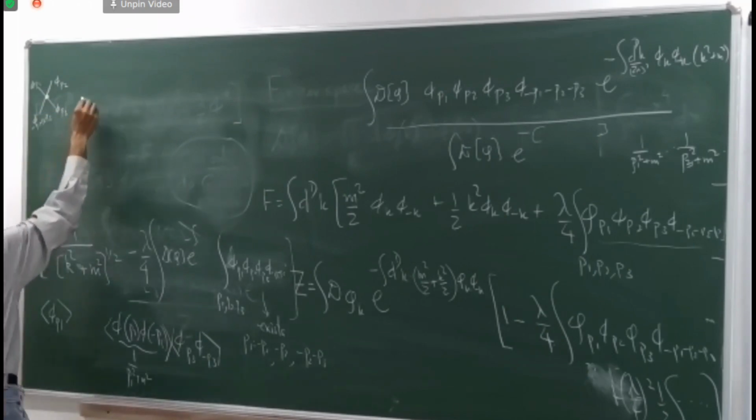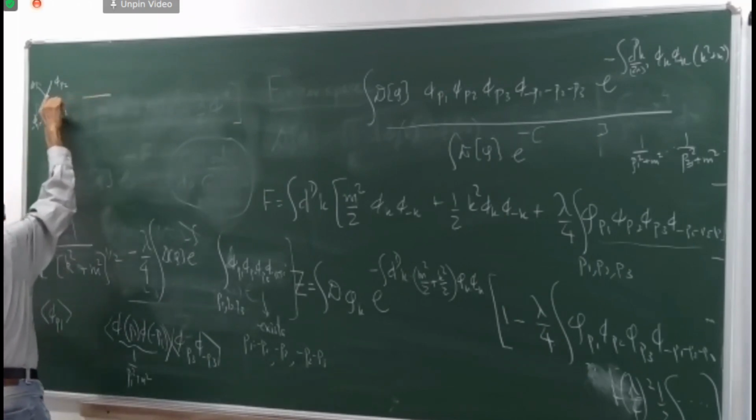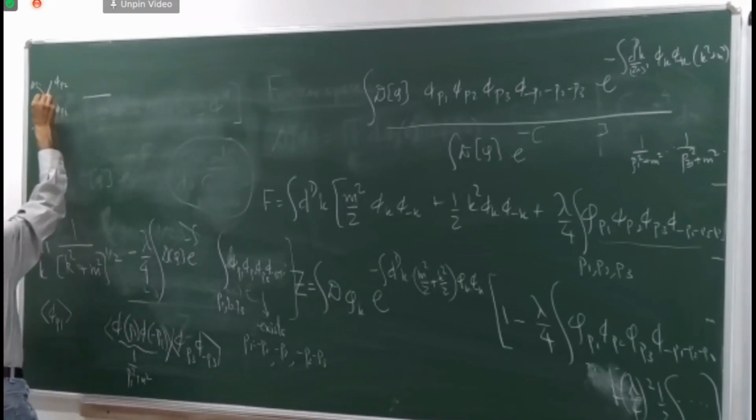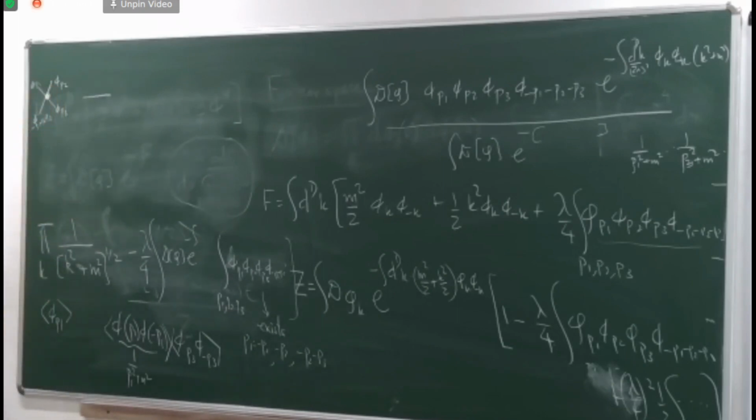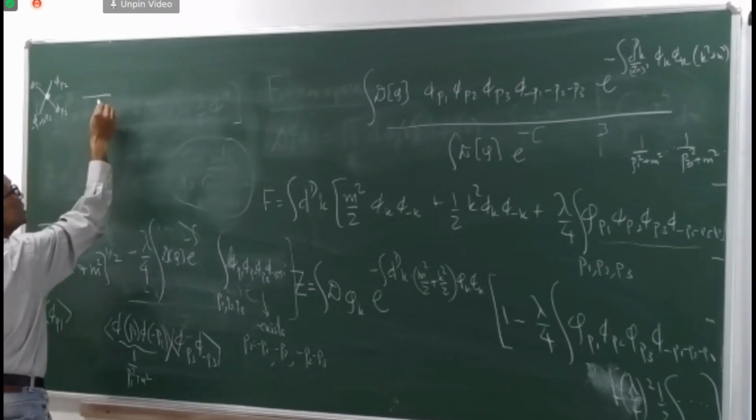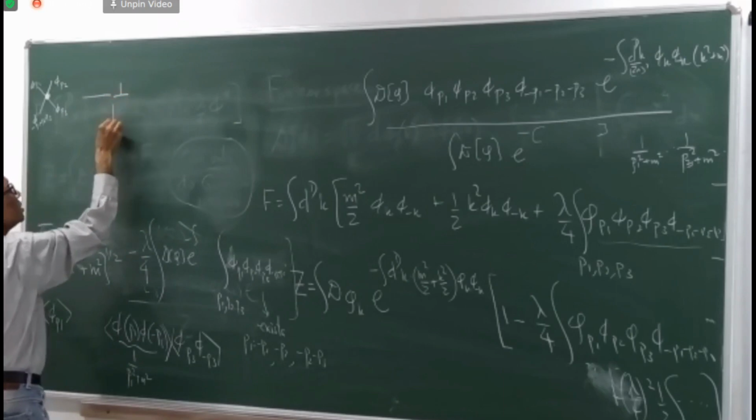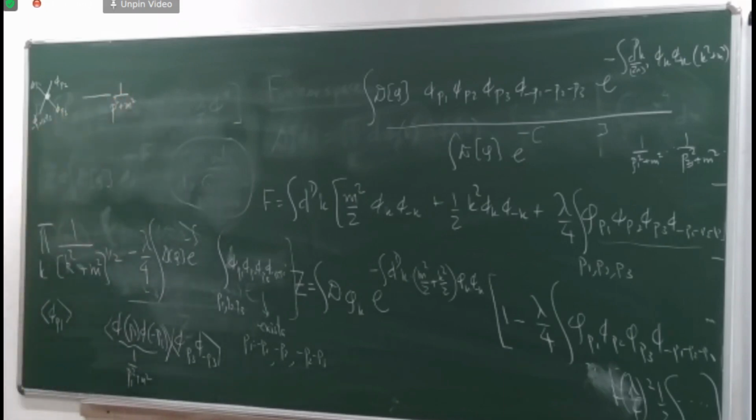I have a line which is not to be confused with a line coming out of the vertex, which is just phi p. When it's a line which stands by itself, it is a propagator, which is 1 over p squared plus M squared. That is what a line by itself is.